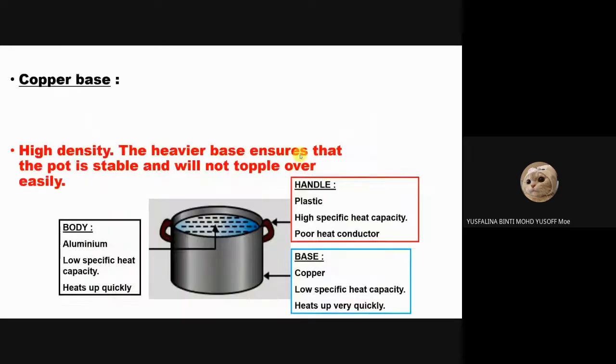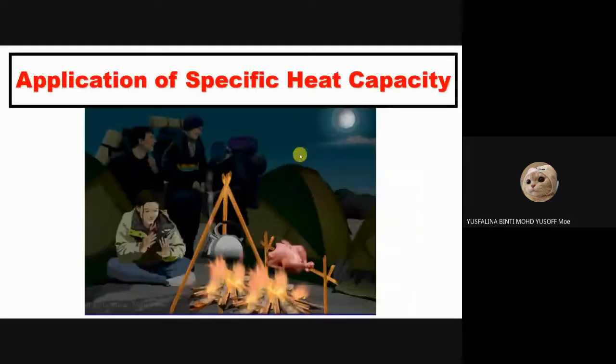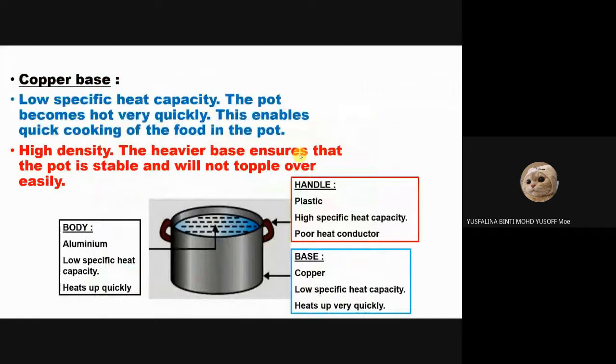So what's the application of the specific heat capacity? If you want to make a pan, or the frying pan, this one is the pot. It has low specific heat capacity, so the pot becomes hot very quickly.